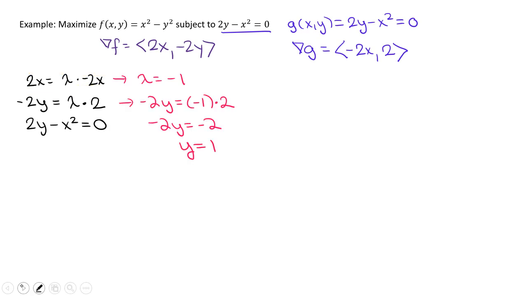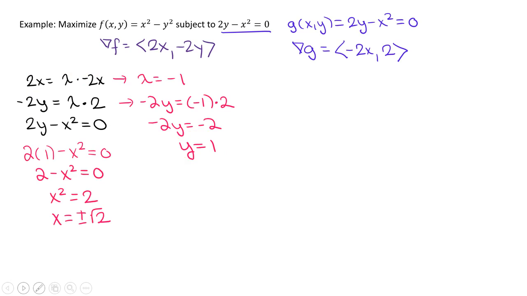And then my second equation, if lambda is negative 1, then negative 2y equals negative 1 times 2. So negative 2y equals negative 2, y equals 1. Okay, so I just figured out y equals 1.